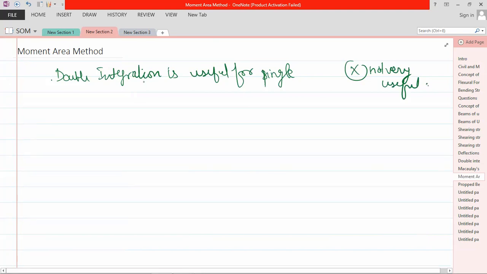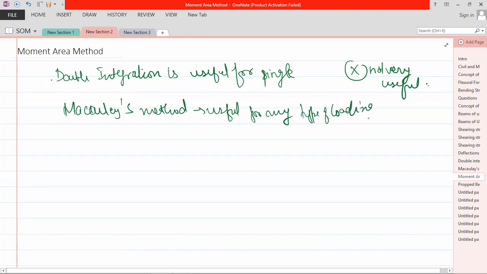If any load is acting, then separate equations are needed. Macaulay's method is useful for any type of loading.